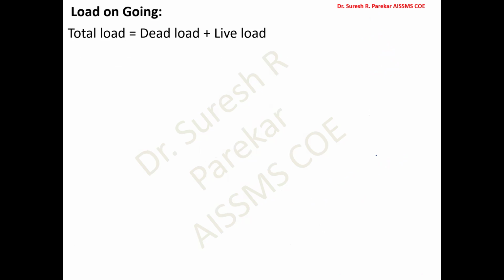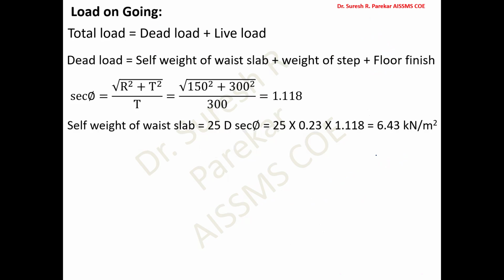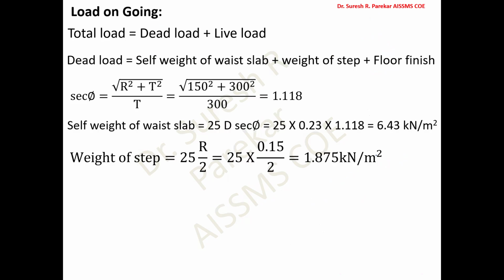Then load on landing, in the same fashion, we have to consider sec phi and then total self weight. We have two factors to be considered when we have going. One, we have to multiply self weight of waist slab by sec phi 1.118, and in this we also have to add weight of steel, which is not to be considered in your landing.